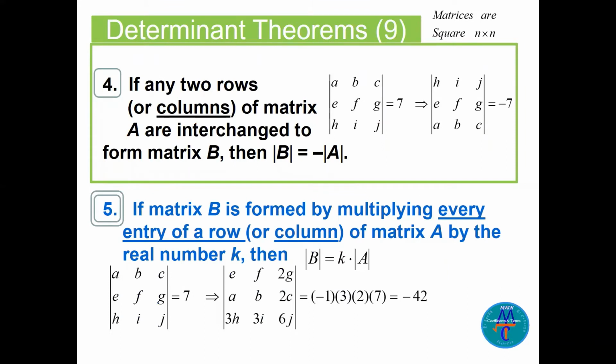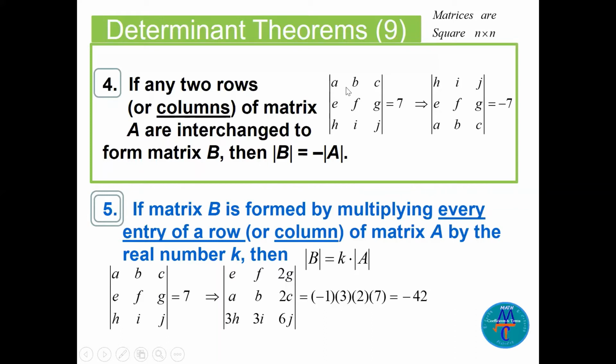Number 4, if any 2 rows or 2 columns of matrix A are interchanged to form matrix B, then the determinant of the new one, B, will be minus the determinant of A. Look at this easy, nice example. If we have A, B, C, E, F, G, H, I, J, with any numbers there, and the determinant is 7.